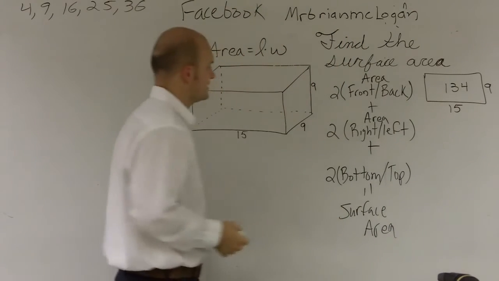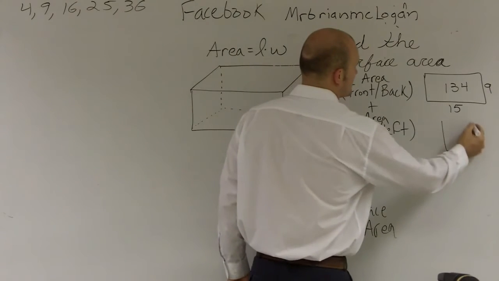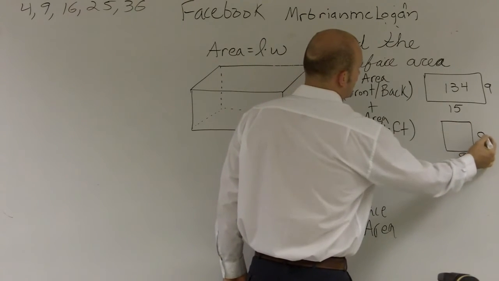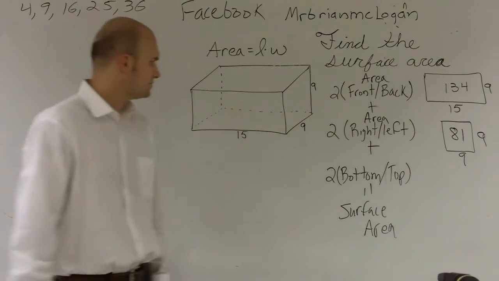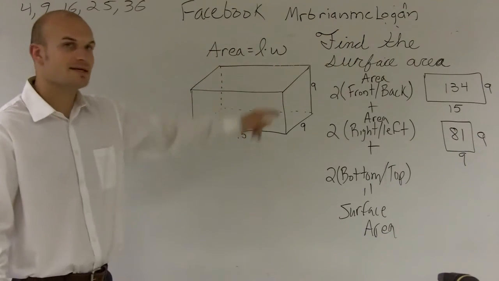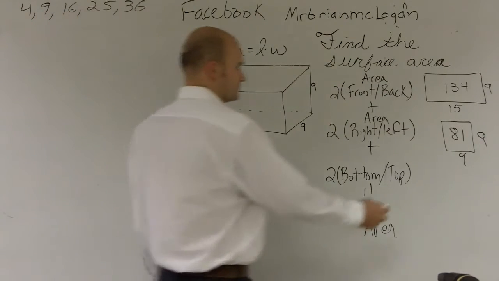Then the area of the right and the left. Well, the right side and left side are a 9 by 9 rectangle, which we like to call a square. 9 times 9 is 81. And the bottom and the top are also going to give me 134.